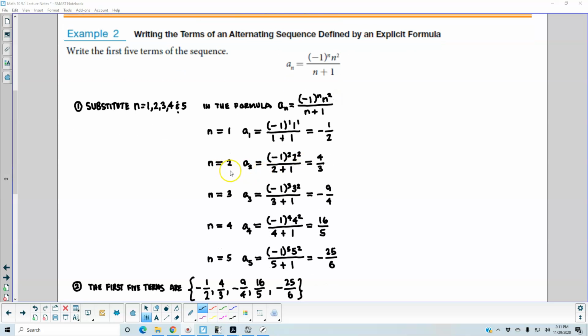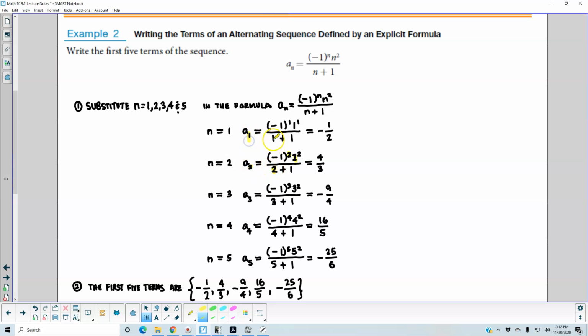When n is equal to 2, we have a subscript 2, which is going to equal (-1) to the second power, and then 2 to the second power over 2 plus 1. As you can see here, we're plugging in n to be the value of 2. So let's go ahead and highlight that. The n here is 2, it's 2 here, it's 2 here, and a subscript 2 is here.